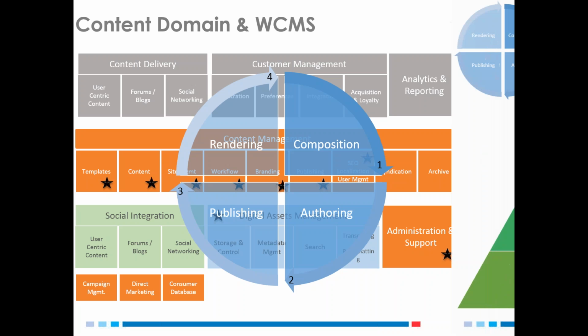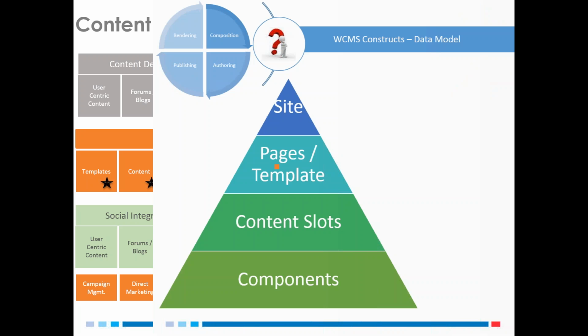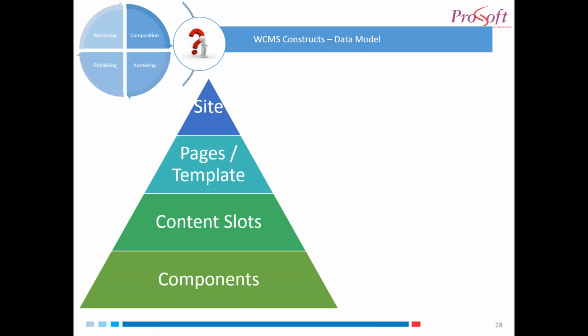Moving forward, let's see what the construct of this composition is. This triangle is beautifully annotated with what we see when we start translating that, whether we are creating a site. A site has a number of pages, like site, pages and templates, and those pages and templates have content slots. There is a header, a footer, a navigation on the left-hand side, and in the middle we have all the central content.